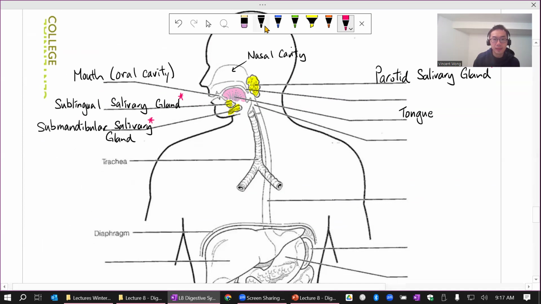Okay. There's a little thing right here that's dangling at the back. Does anyone remember what that is from earlier units? Respiratory unit, maybe? What is that? Starts with a U. Uvula.